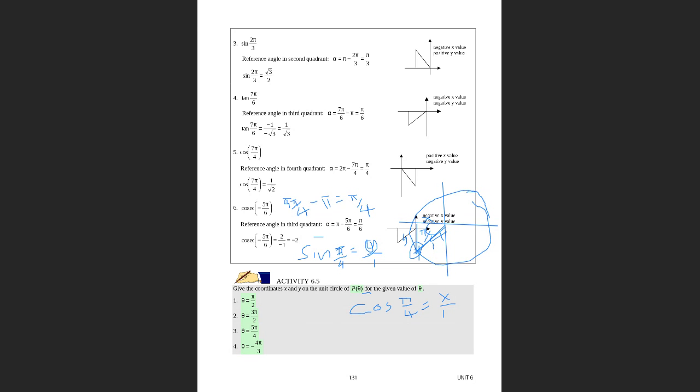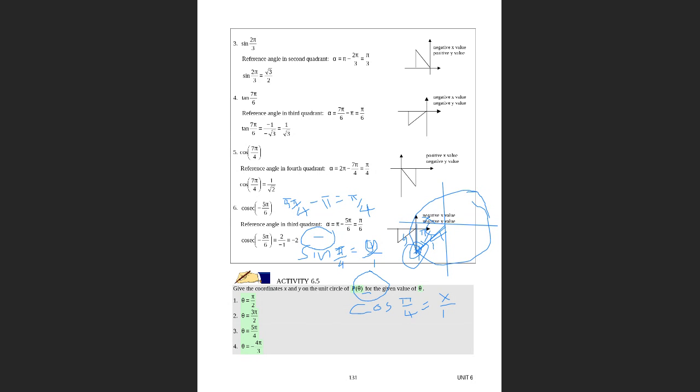Wait, remember that sine is negative in the third quadrant, and cos is also negative in the third quadrant. So it's going to be negative square root 2 over 2 and negative square root 2 over 2. It even makes sense here.